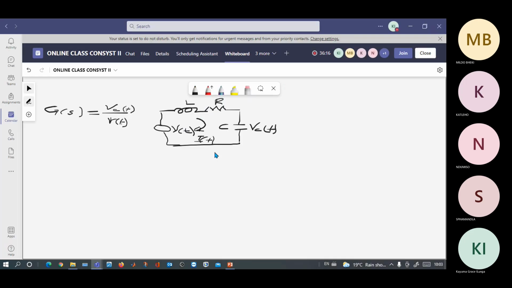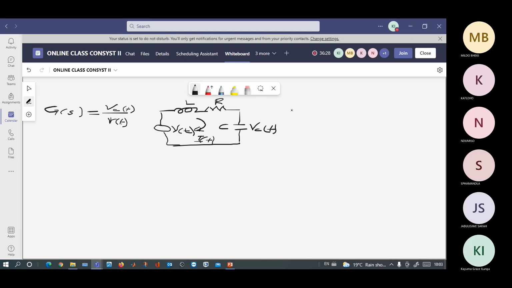If we consider just this circuit here, we need to write a Kirchhoff law which relates the voltage and the current.